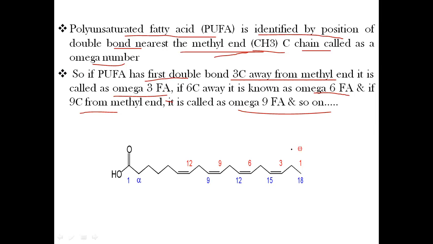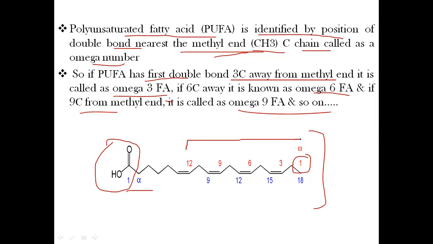We already discussed that from the carboxylic acid side, the carbon numbering is denoted by 1, 2, 3, and from the methyl side, it is denoted by omega 1, omega 2, omega 3, but in polyunsaturated fatty acids, it is denoted from the methyl carbon chain end.